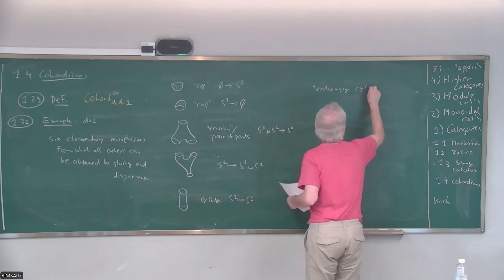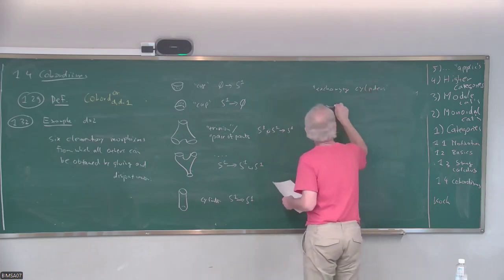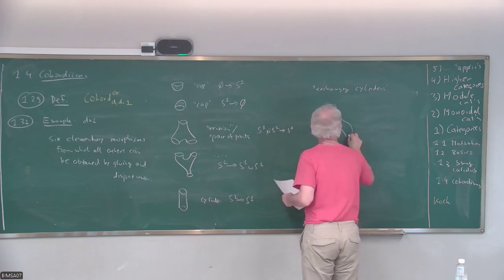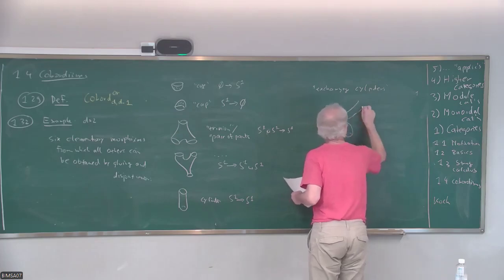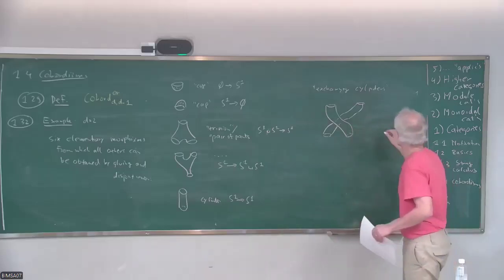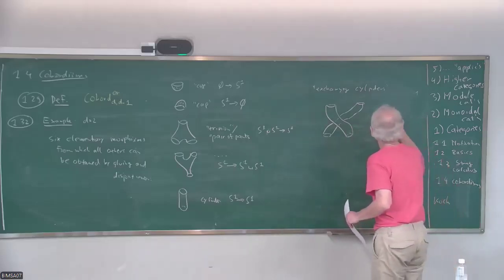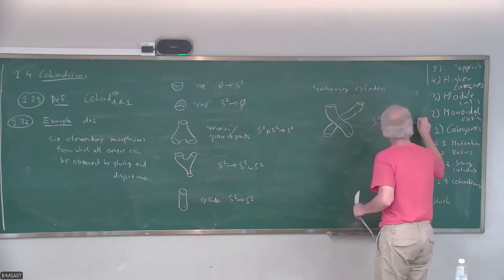What is sometimes called the exchanging cylinders, which I would draw like this, which is not an optimal way to draw it. And so this goes from S1 disjoint union S1 to S1 disjoint union S1.